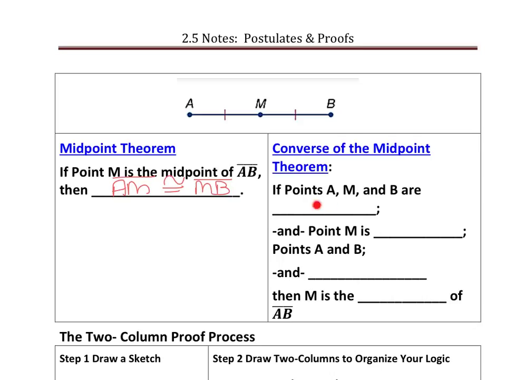So if points A, M, and B are collinear, and point M is between points A and B, so we have to know which one is in relationship to the others, and we're told that AM is congruent to MB, then we can conclude that if those two segments are congruent, then M must be the midpoint of AB. So it's just switching it up, and we can use either one of these. Both of these theorems are true.